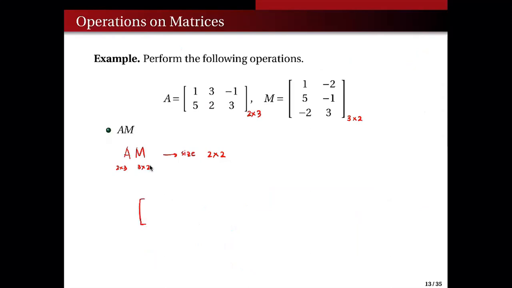Now, the actual multiplication. You have 1, 3, negative 1, 5, 2, 3. We multiply this to the matrix 1, negative 2, 5, negative 1, negative 2, 3. First, let's look at this entry here. We say it's a 2 by 2 matrix, correct? So let us look at the C11 entry, or the 1-1 entry here.